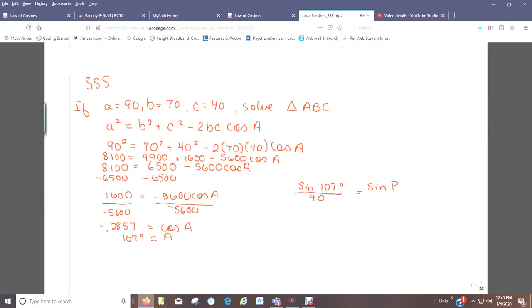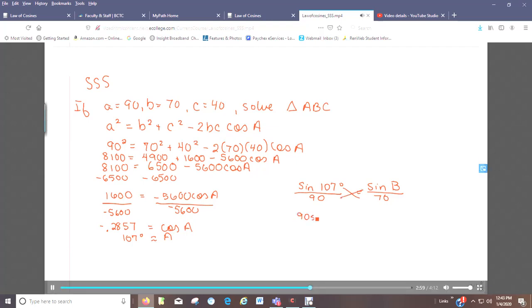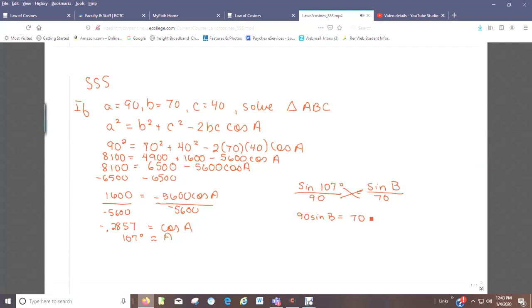Sine of B over its corresponding side. Cross multiply. 90 sine of B equals 70 sine of 107 degrees.